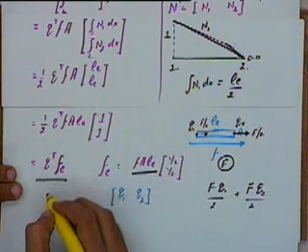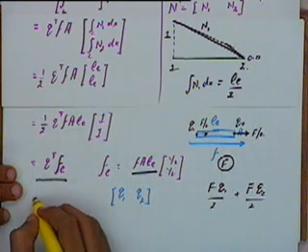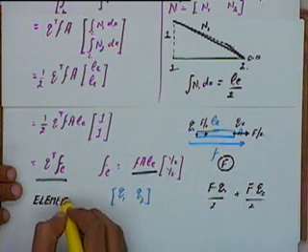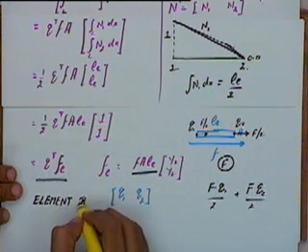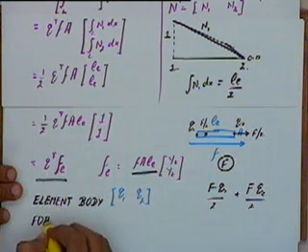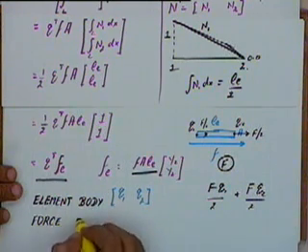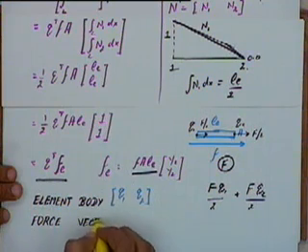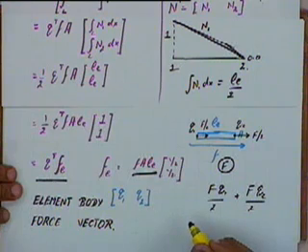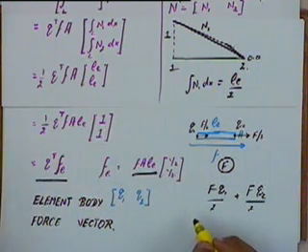And this matrix Fe is what we call the element body force vector.